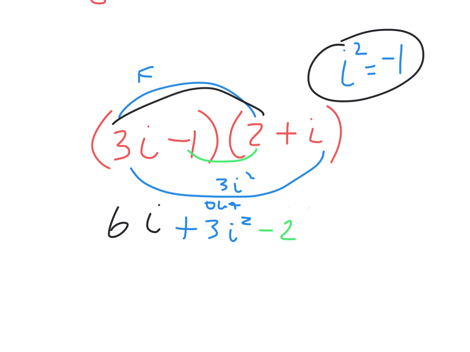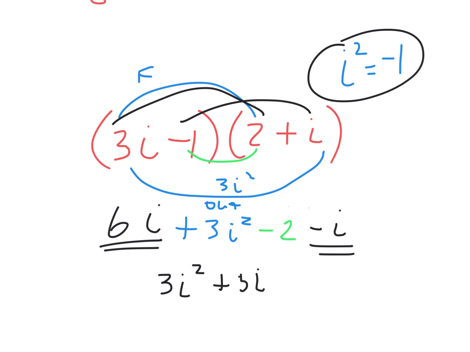And then I do the last ones. -i. Put it all together. I have 3i squared. I know, i squared is something special, and I'll deal with that in a second. And then I have a 6i and a minus 1i makes 5i. And then the last thing I have is -2.